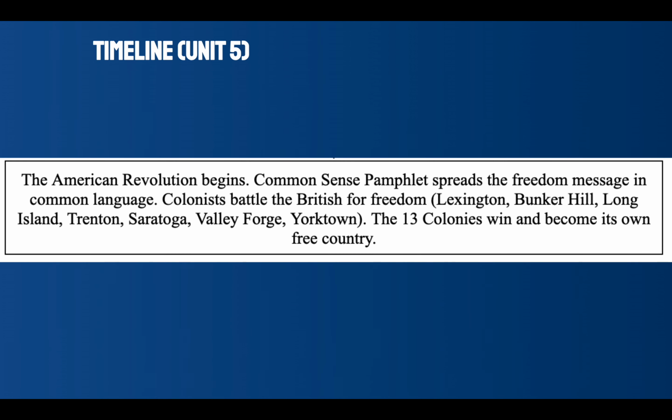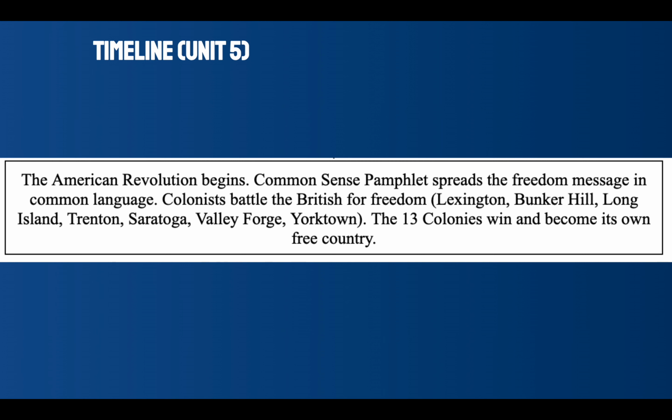And then we take a look at the American Revolution itself. We looked at Common Sense during these lessons, the pamphlet that spread this message in plain language. And then we look at some of these battles. Lexington being the first, Battle of Bunker Hill. We get defeated in Long Island, but then Washington crosses the Delaware to surprise attack on Christmas.